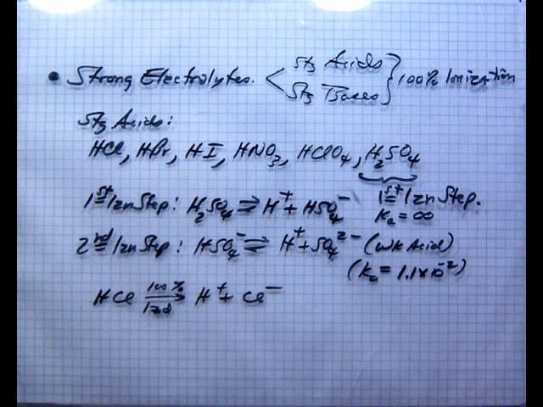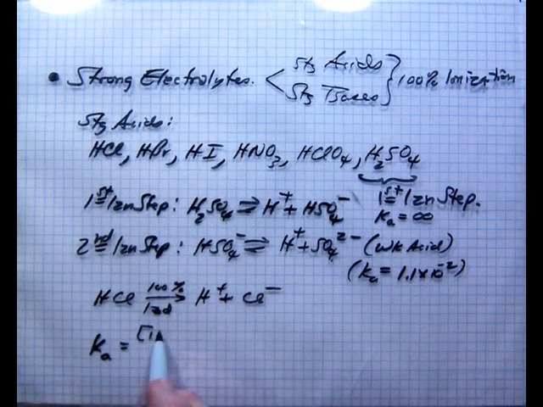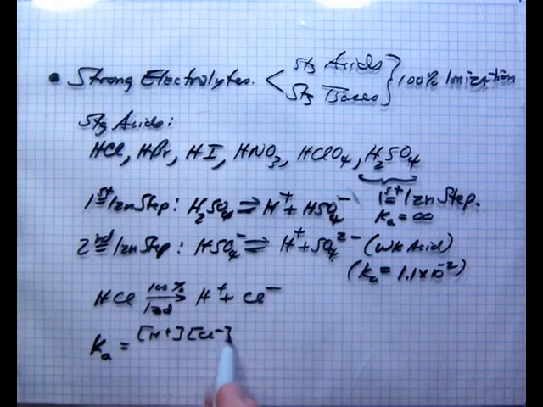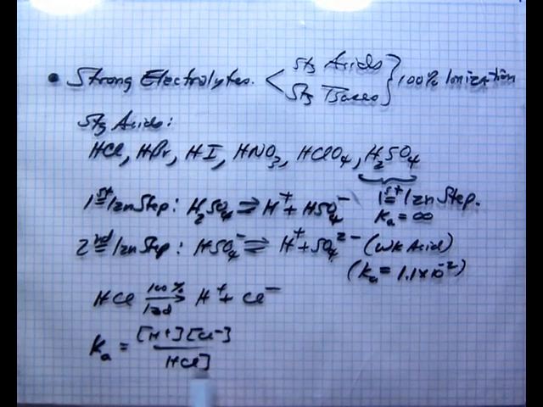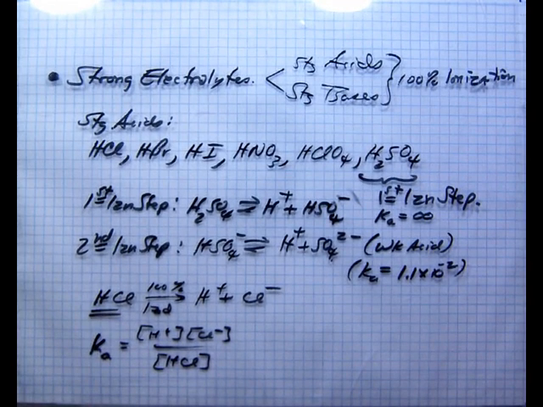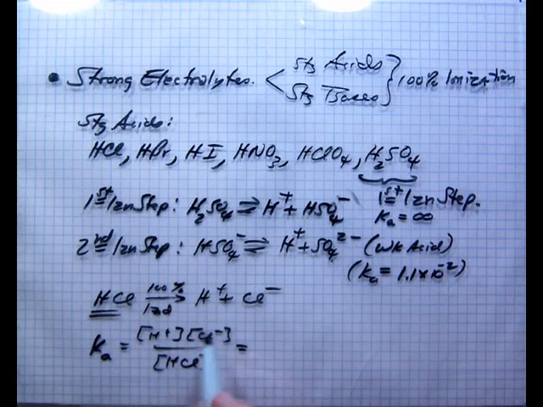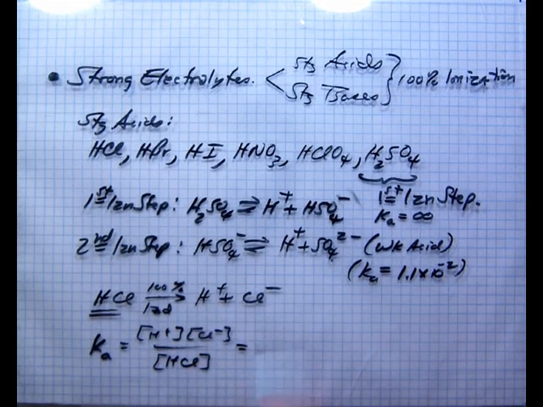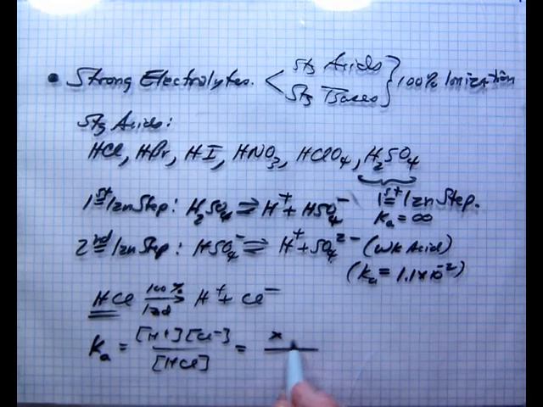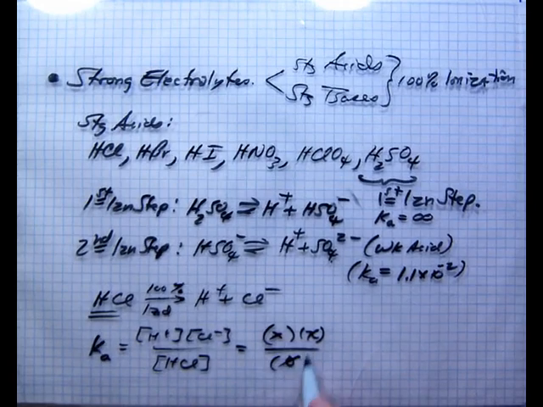Well, what's the Ka value for it? Ka, if you wrote one, would consist of hydronium ions times chloride ions, divided by HCl. Well, if it's 100% ionized, how much HCl do you have in solution? None. So when we calculate this, regardless of what hydronium ion and chloride are, it's over 0.